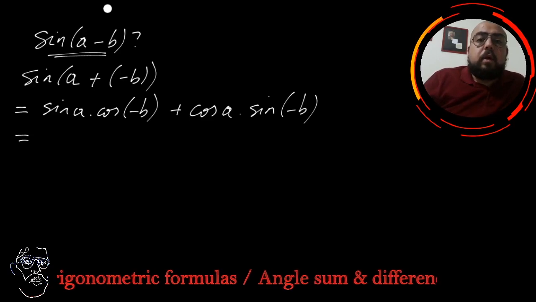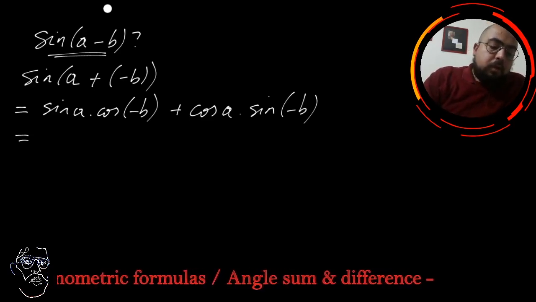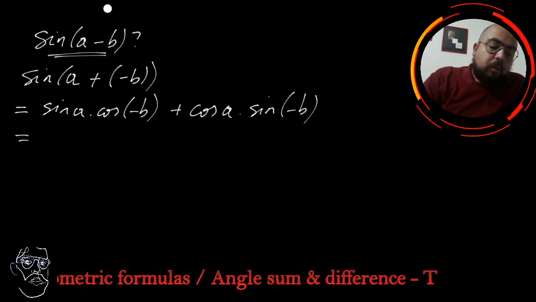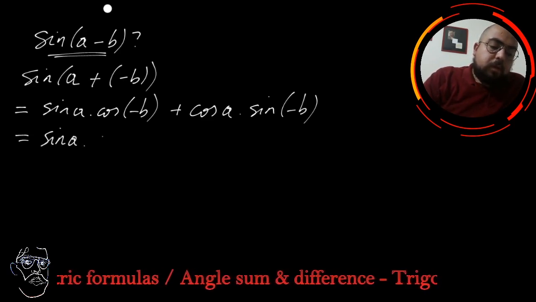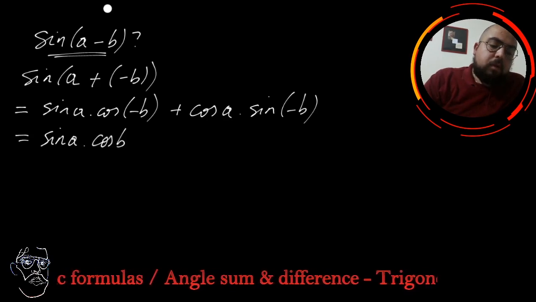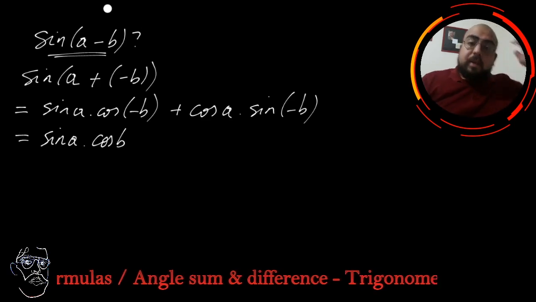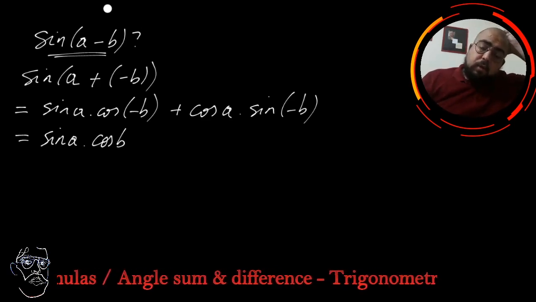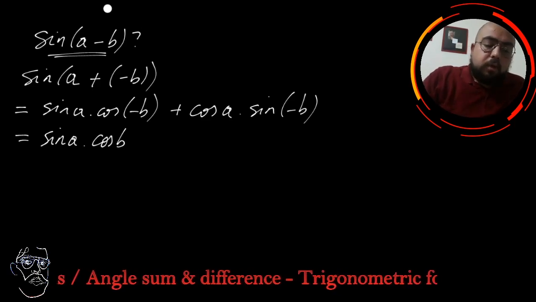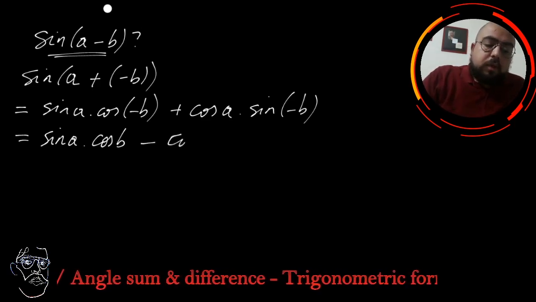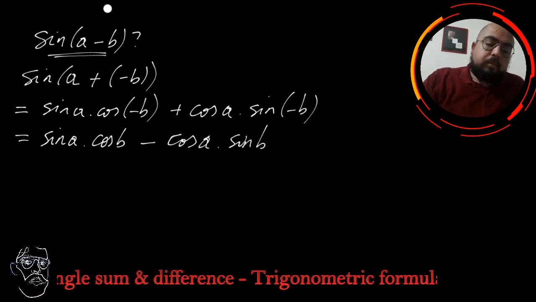Cosine minus b is similar to cosine minus alpha, which is cosine alpha. So you will have sine a times cosine b. Cosine a, sine minus b. Sine minus b is the same thing as sine minus alpha, so it will give you minus sine alpha, in this case minus sine b, so you will have minus cosine a times sine b.